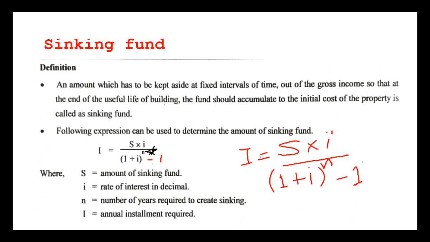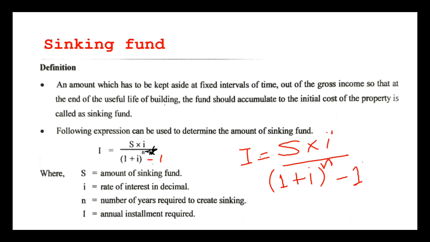The sinking fund amount goes on accumulating at compound interest and is meant to meet the future liabilities of replacement of the property or asset. Its components can be divided into two parts. One part represents the annual deposits of depreciation, and the other part is the interest on the depreciation reserve.